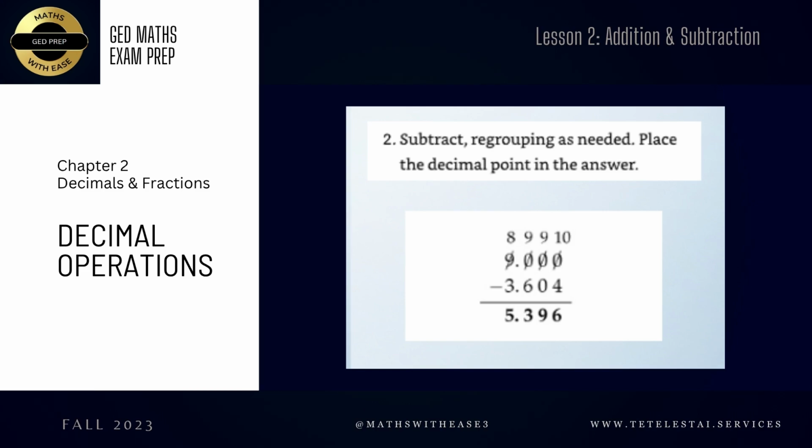In this case, since we have 0 in the thousandths, hundredths, and tenths column, we need to borrow from the ones column, right? So put a line through 9, write down 8 to help us remember that we've borrowed a 1. And then we need to regroup every step of the way until we get to the thousandths column.